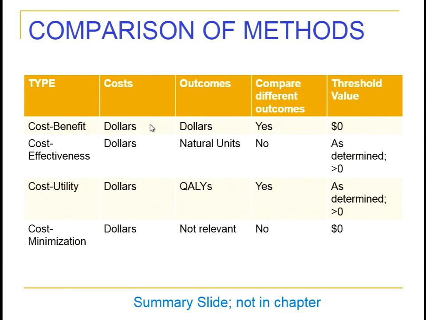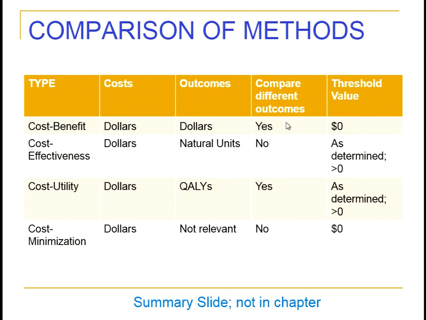So cost-benefit, the costs are in dollars. If you're in a foreign country, they would be in their currency, but we're talking about dollars in this case. And the outcomes are also valued in dollars. So it's the cost of a myocardial infarction. It's the costs that you put in and the costs that you save, the avoidance of, say, a myocardial infarction.